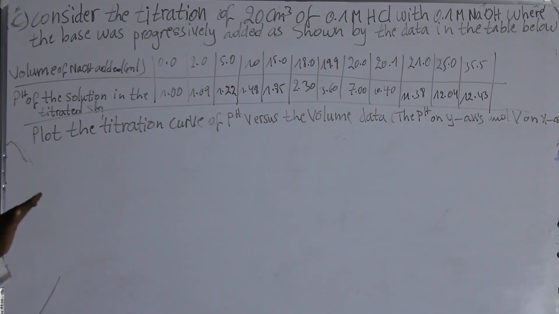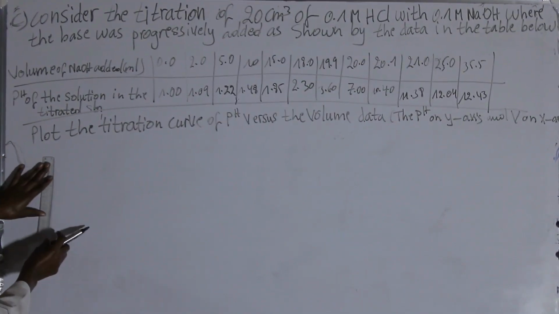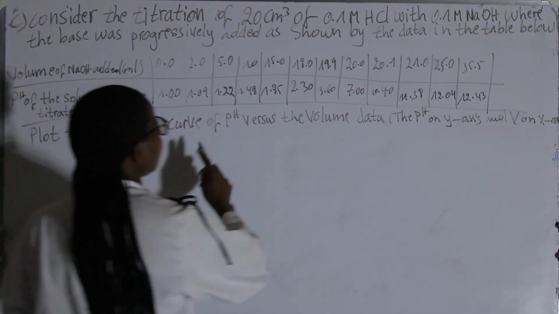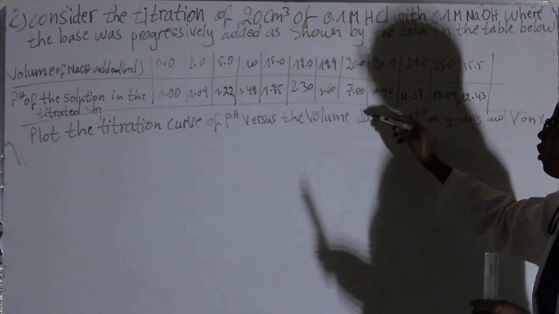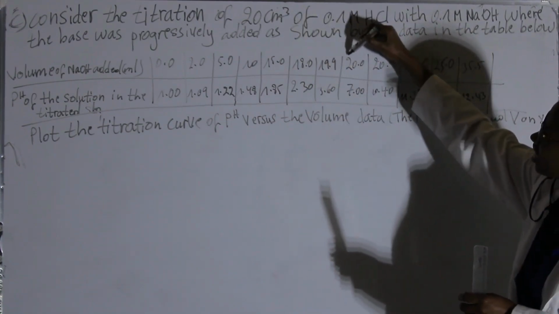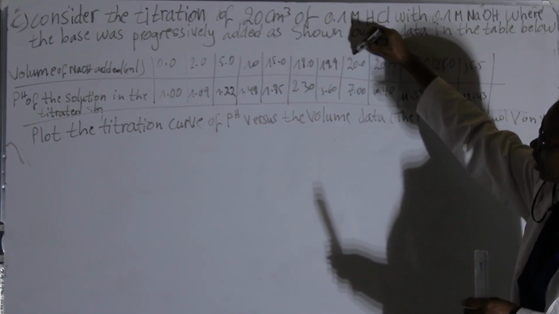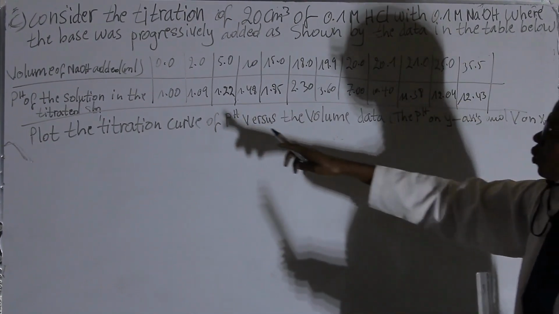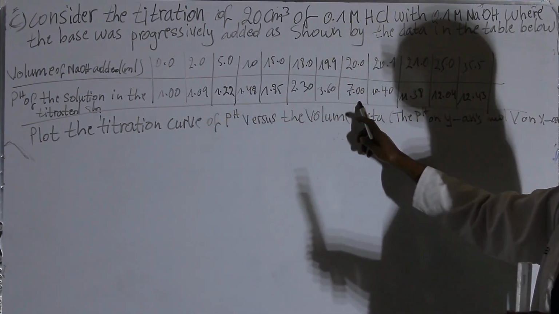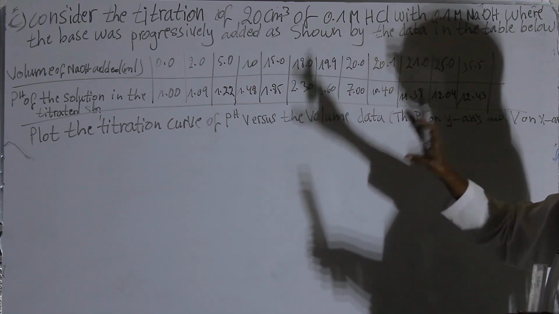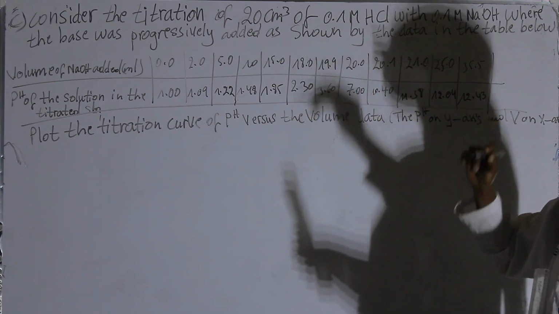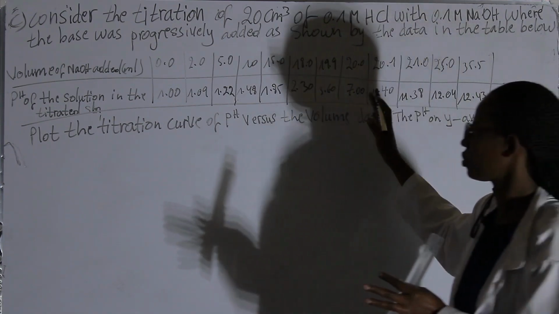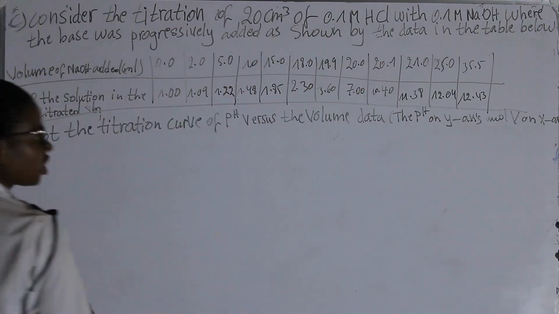Let us plot the graph. As you can see in our data, the endpoint should be at 20 milliliters, where pH is equal to 7, which is neutral.